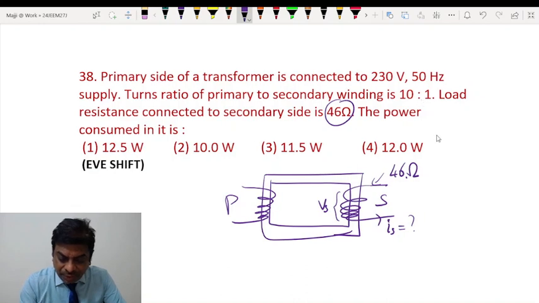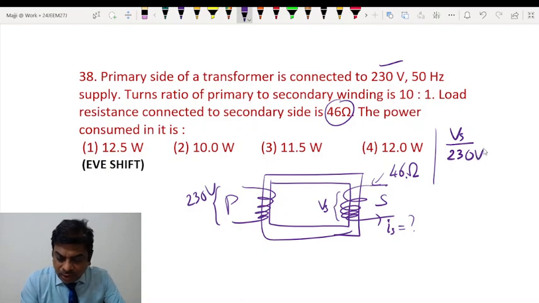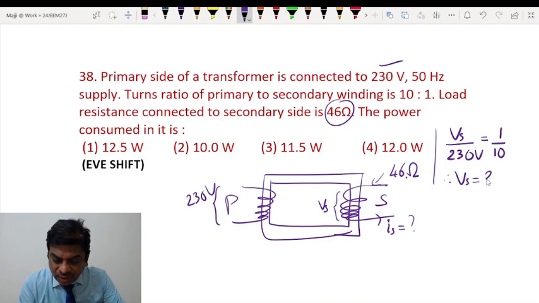So you can see voltage across secondary upon voltage across primary. It is clearly given that 230 volt is applied to the primary. The number of turns in the secondary is 1, in the primary it is 10. So the voltage across the secondary is 23 volt.